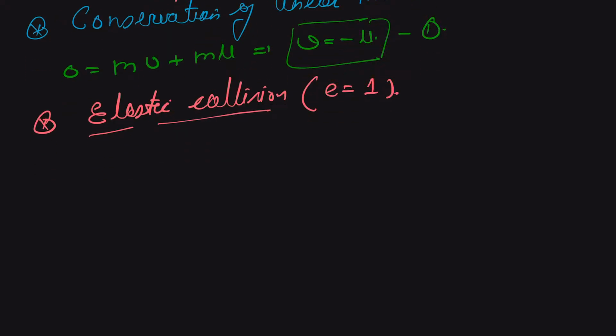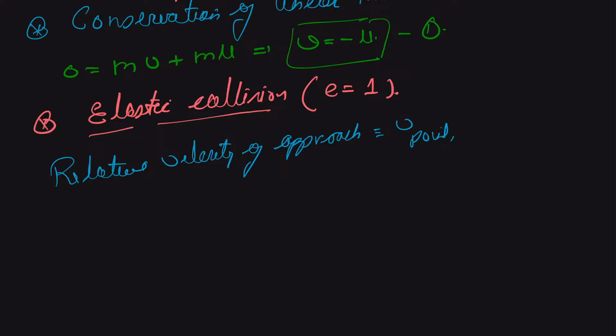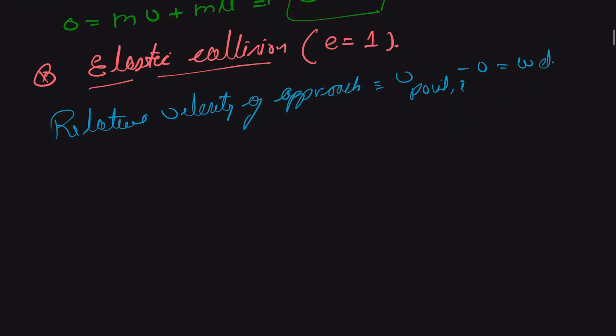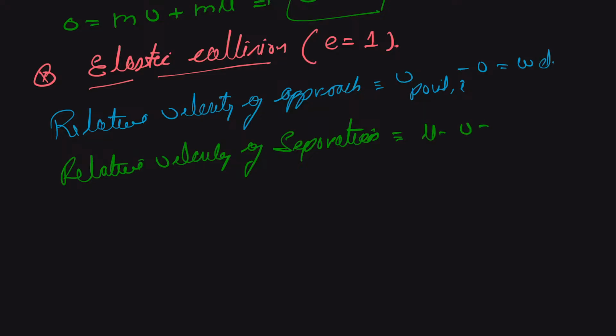And from here we can write the relative velocity of approach, that is v in minus 0, will be equal to omega times t, and we can find out the relative velocity of separation, that will be equal to u minus v is equal to omega times d, and let us call this equation number 2.